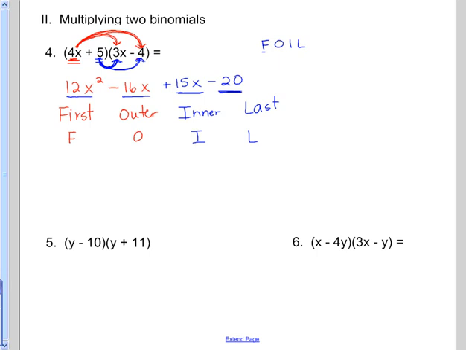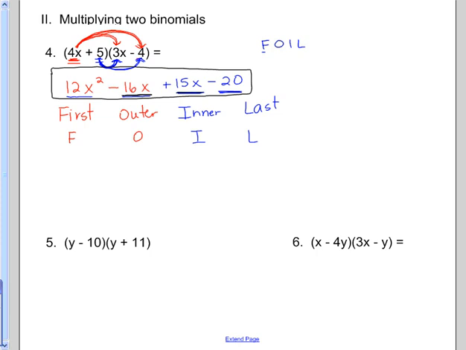We're not finished with the problem, so let's go back and look. These are the 4 terms that I have. Do I have any like terms? Most of the time with the binomials, it's going to be the 2 terms in the middle.